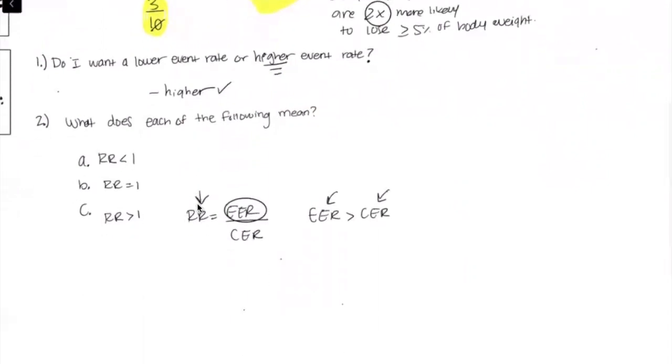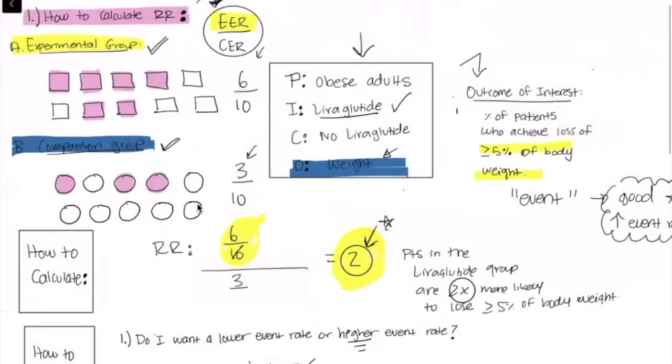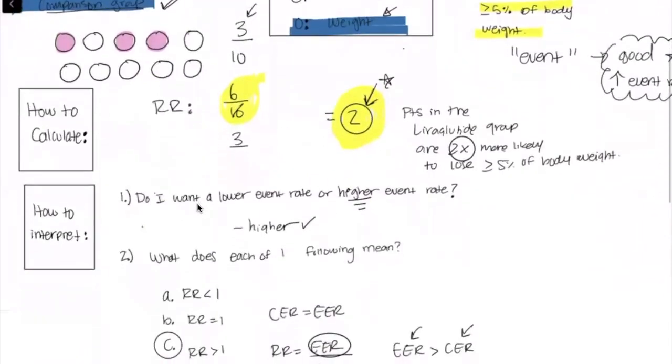Now let's think of these other situations which don't apply to our risk ratio, because our risk ratio was greater than 1. But let's say our risk ratio was equal to 1. That would mean that our CER equals our EER. For example, let's say that 6 patients in the liraglutide group and 6 patients in the comparison group achieve that 5% reduction in their body weight.